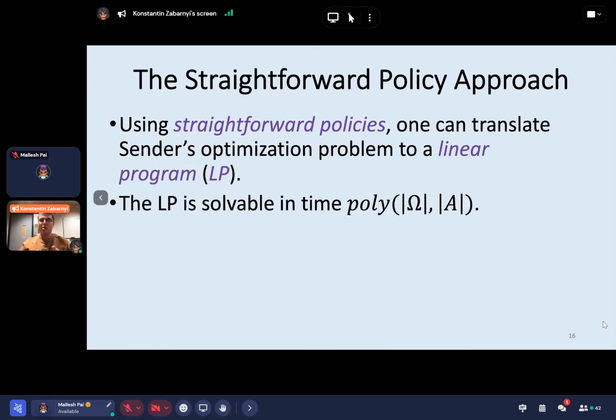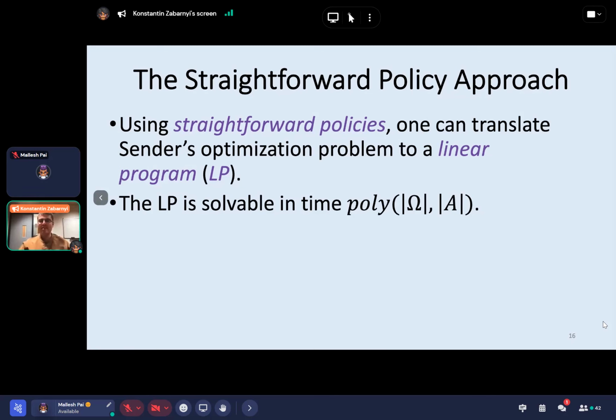In an online auction, the sender is an advertising platform such as Google, and the receiver is a potential advertiser. The state of nature is a vector of possible attributes of the user of the platform.